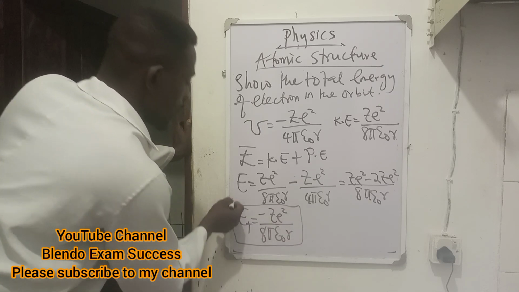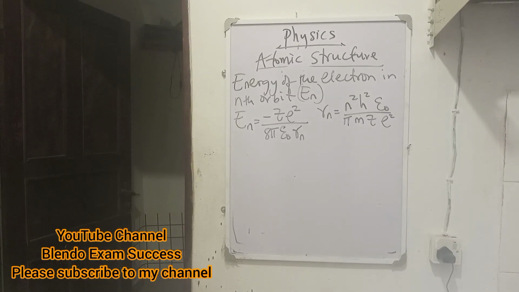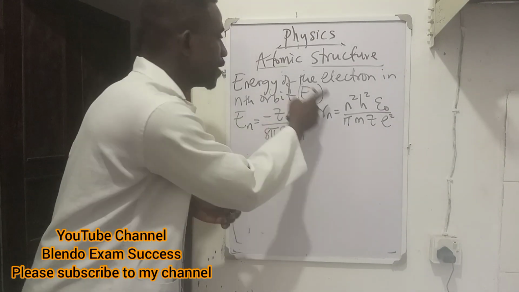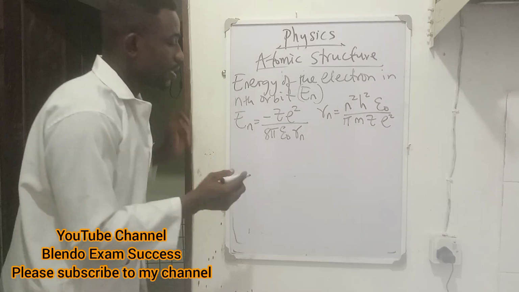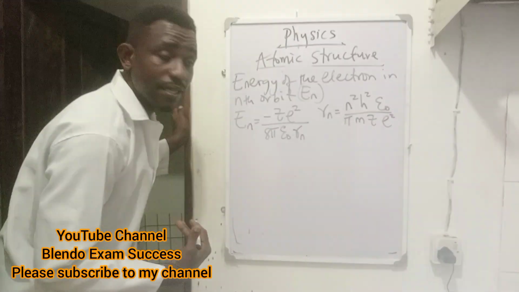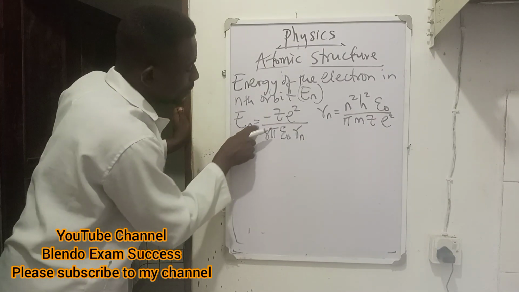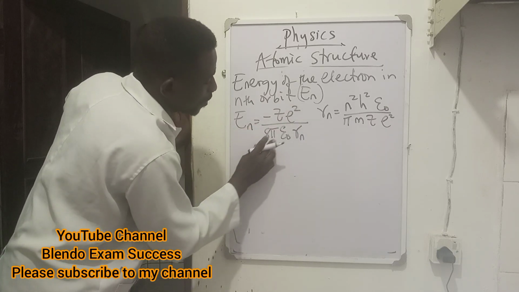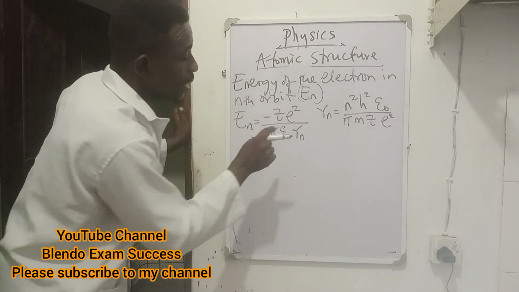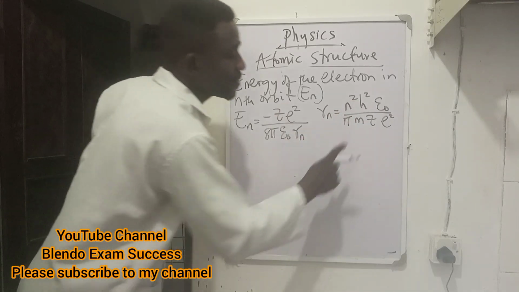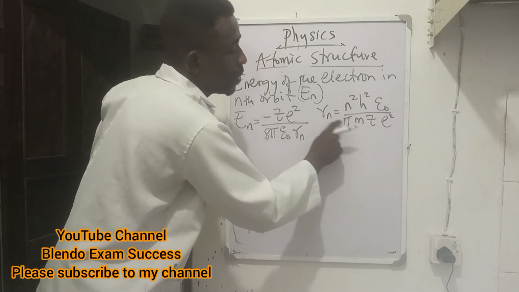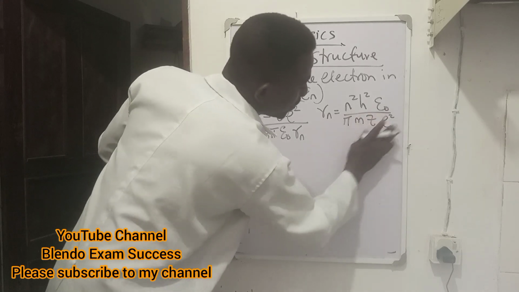So that is the total energy. To find the energy of the electron in nth orbit, En, after getting the total energy, we have it as En equal to minus Ze squared over 8 pi epsilon naught rn. So rn is n squared h squared epsilon naught over pi m Z squared.